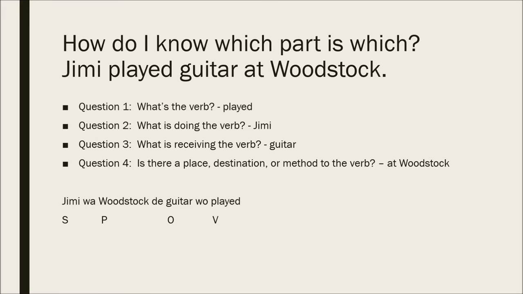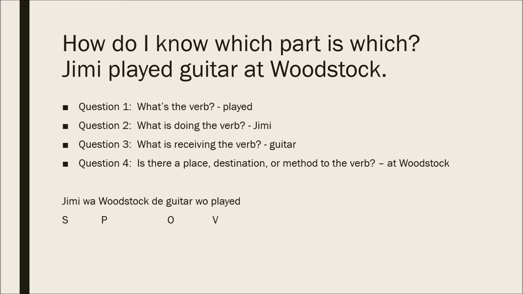So, how do I know which part goes first and second? How do you know what is a subject, what is a verb, what is a prepositional phrase? All right. Well, hopefully we can identify a verb. In English, it's usually the second part of the sentence, and it's action, right? So in this case, it's played. So we say, what's the verb? Played. Now I've got to figure out what the subject is. So I say, what is doing the verb?